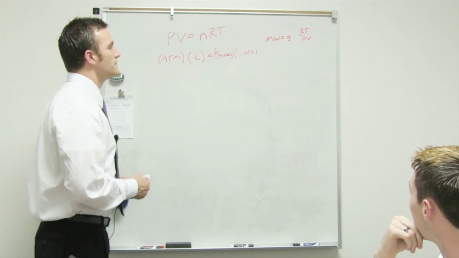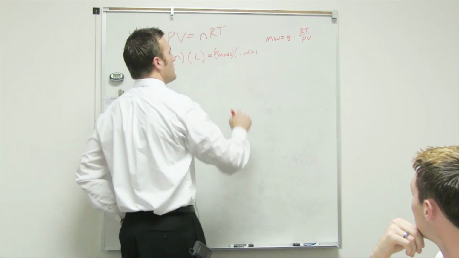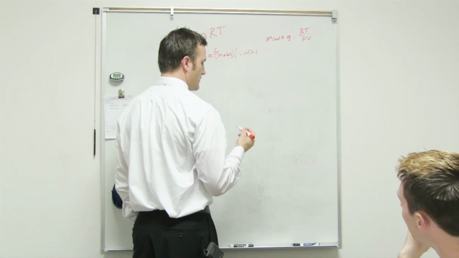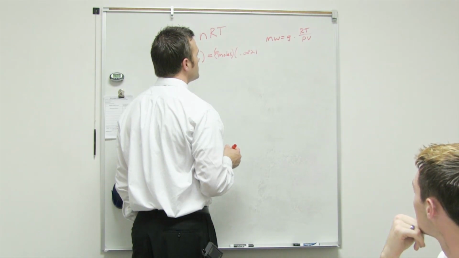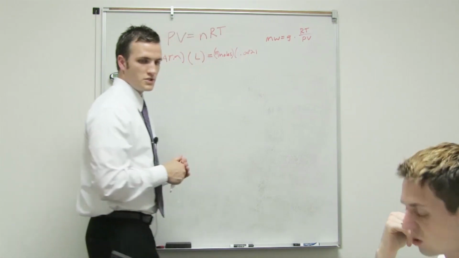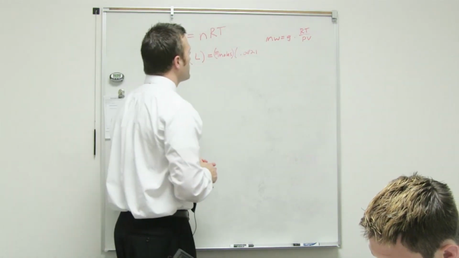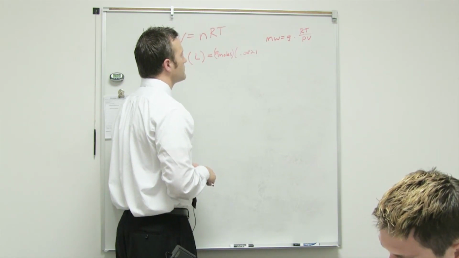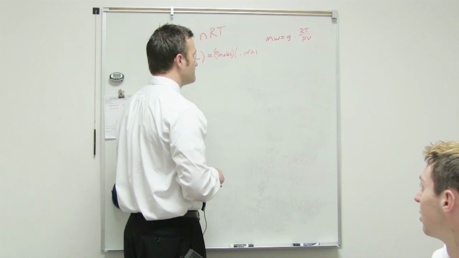Okay, and what are the units for R? Isn't that grams per mole? Nope. Does it show you on your sheet? Is it liters times atmosphere over moles times Kelvin?